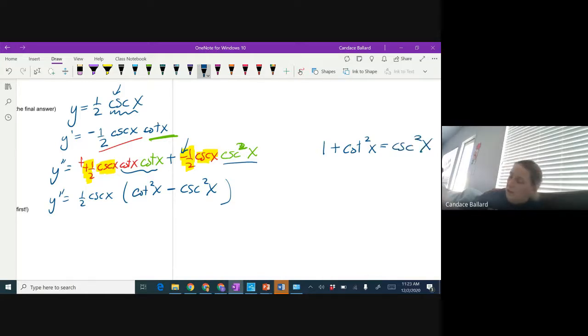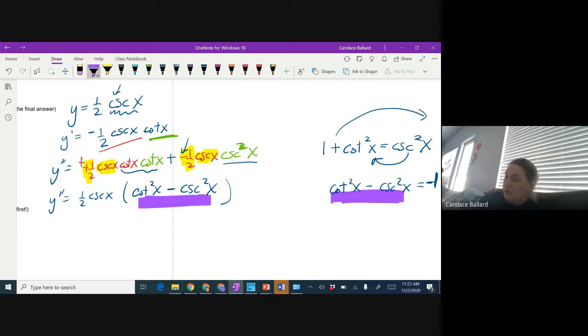I could subtract this to the right side, which would give me cotangent squared x minus cosecant squared x, and I can subtract the 1 to the other side, so it equals -1. Hopefully you're noticing that this is the same as this. So I can substitute the -1 in.